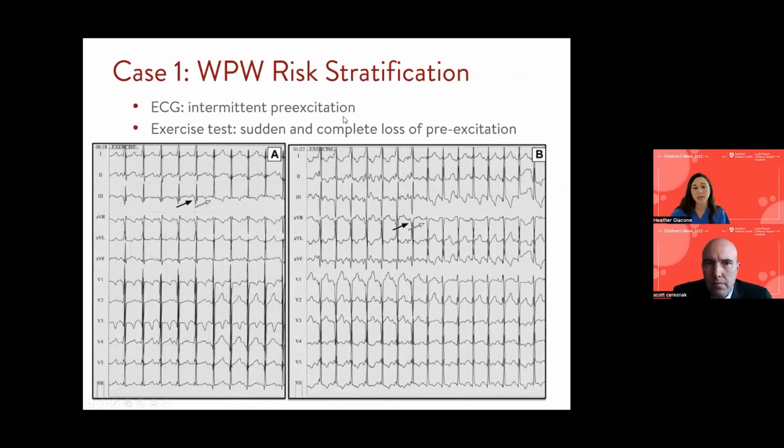Say she had intermittent pre-excitation on her EKG, meaning that on some beats you do see that delta wave and on some you don't, and it's just normal. And then on an exercise test, what we're looking for is at higher heart rates, at what point do you lose pre-excitation?